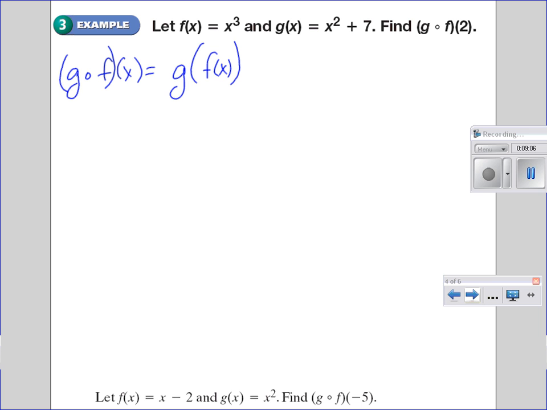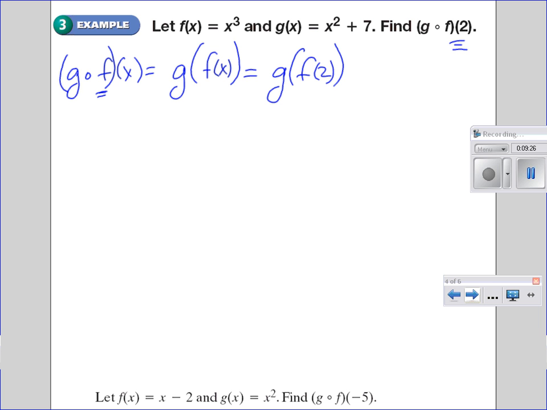I always work from this one getting laid inside, and you work from left to right there. Okay? So now, this is g of, they gave us a number value here of 2. So this becomes g of f of 2.